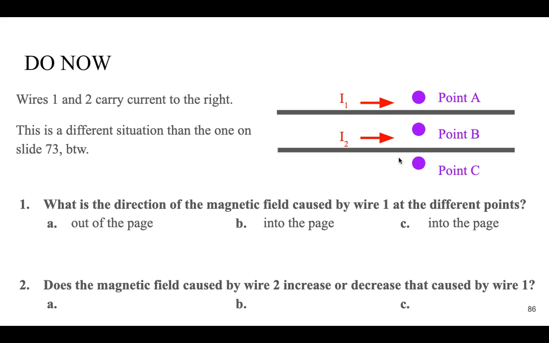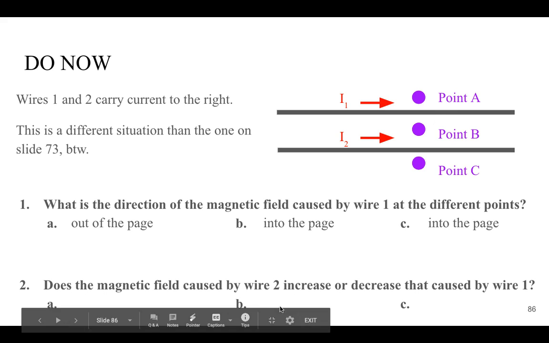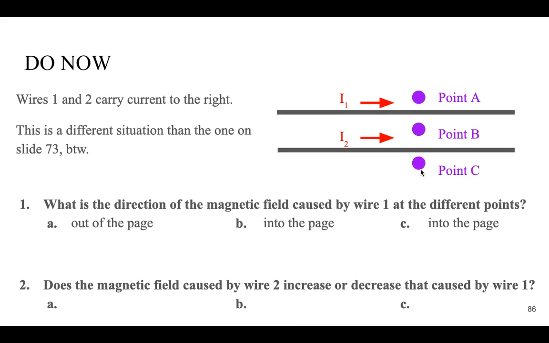Right-hand rule again. At point A, it should also be pointing out of the page, so that would increase it. At point B, wire 2 is going to be pointing out of the page, but wire 1's magnetic field is going to be pointing into the page, so there it's going to decrease it. And then at point C, this point is beneath both wires and both have current going in the same direction, so at both of these, the magnetic field will be going into the page, so that one should increase it. So there are your answers.